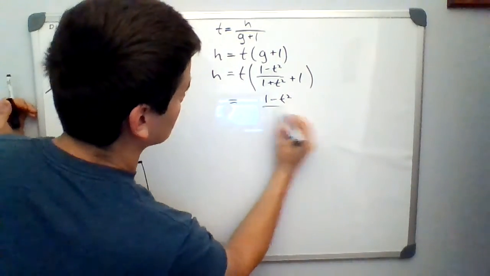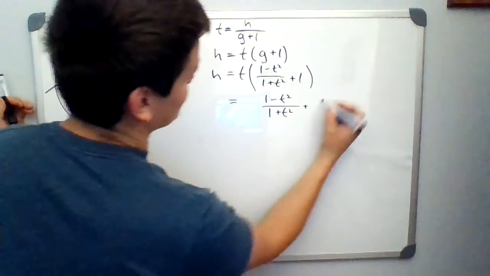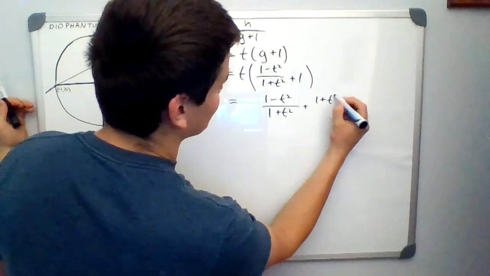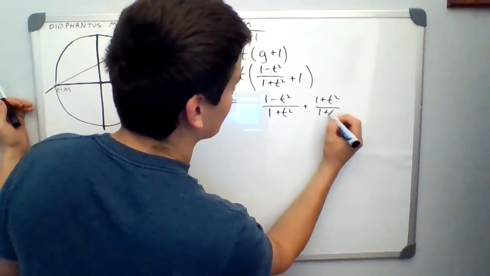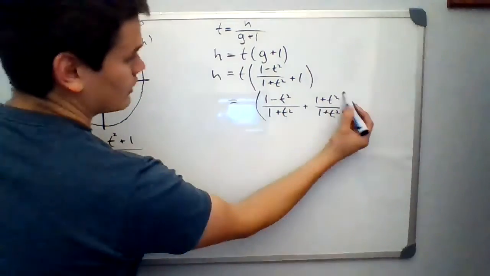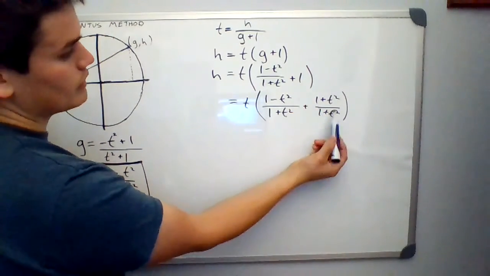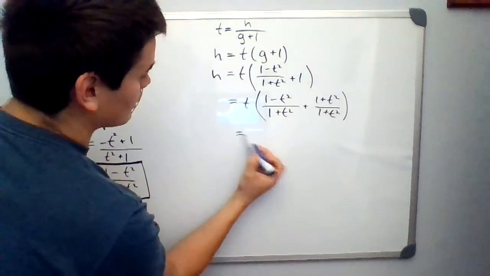Okay, so that's 1 minus t squared. I might as well show the step instead of skipping: 1 plus t squared over 1 plus t squared. That's just 1, right? That's all I did there. I turned that 1 into that so that I can combine these fractions.